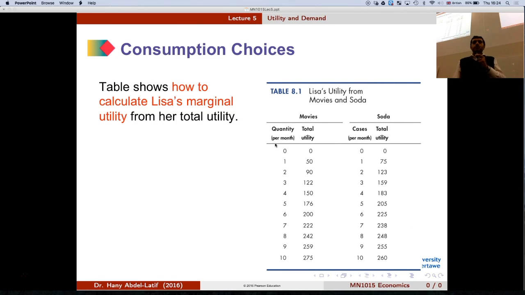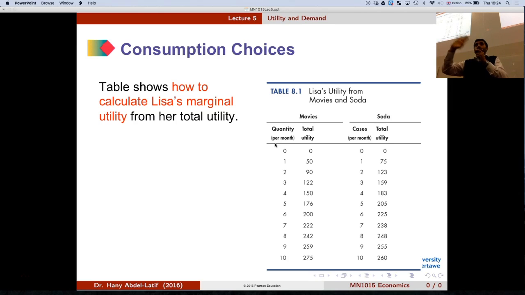As you can see here, we have the same example for Lisa, the same table we had before. This is the total utility schedule. If she watched no movies, then the total utility from watching movies is 0.